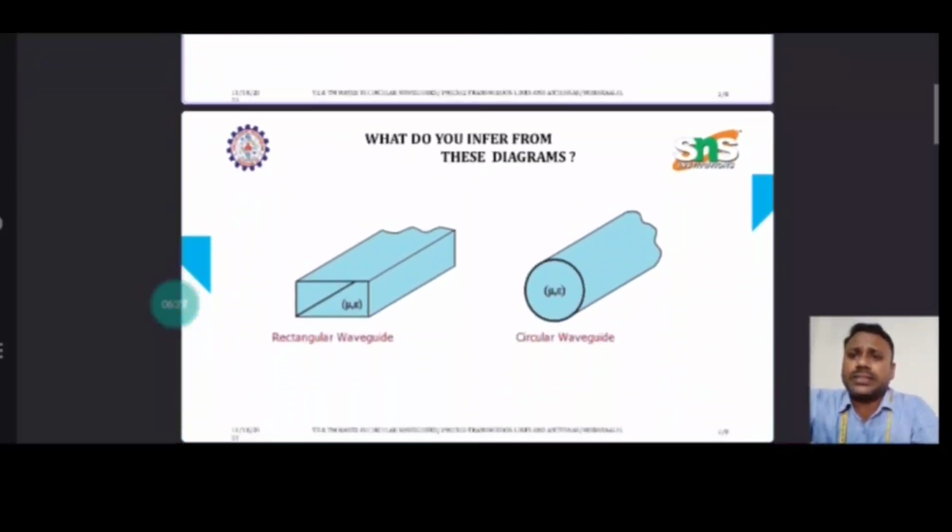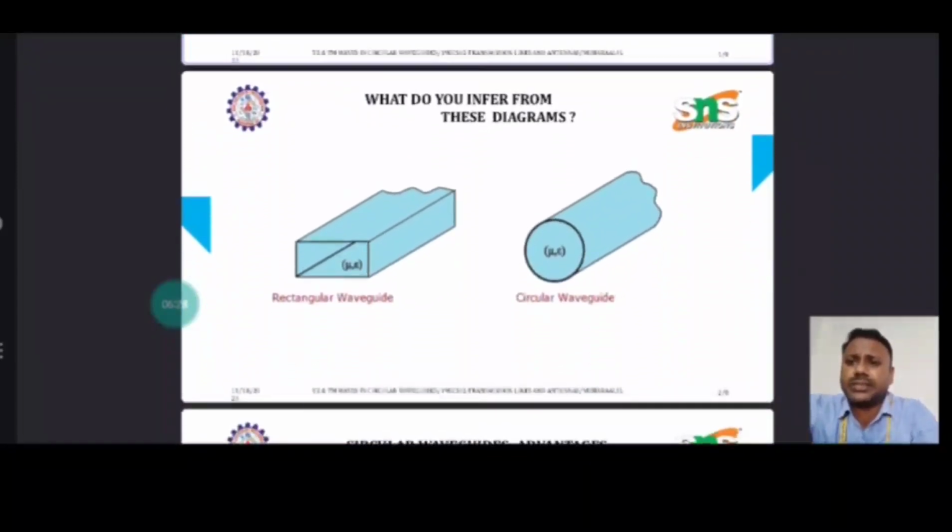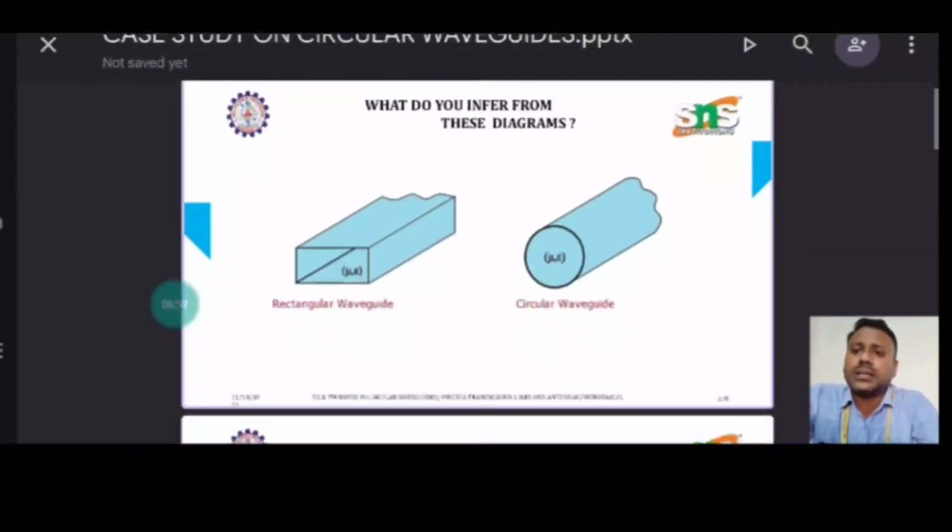So let me show this diagram. What is the difference between circular waveguide and rectangular waveguide? We can easily identify it. Here the rectangular waveguide diagram is presented in this slide, and the circular waveguide diagram is also presented. The rectangular waveguide has a rectangular shape and design, and likewise the circular waveguide has a circular shape.